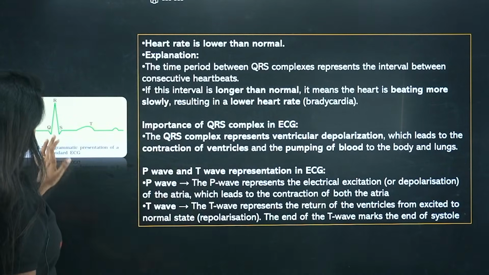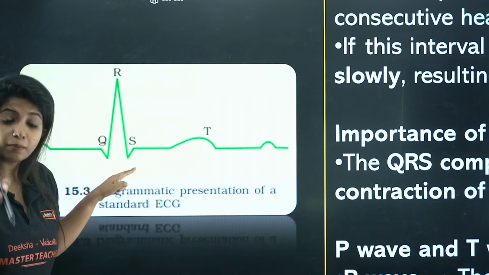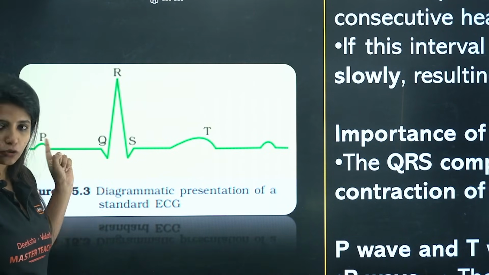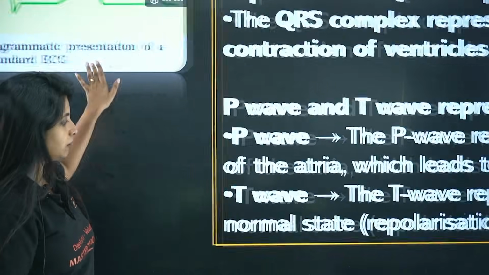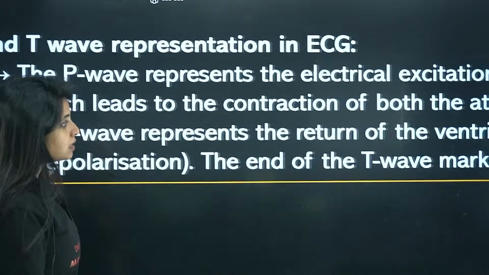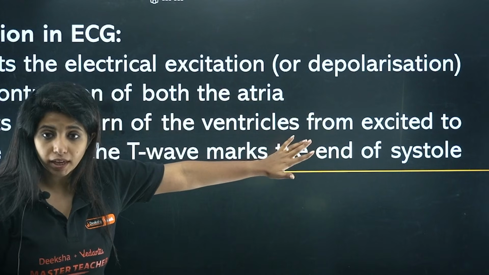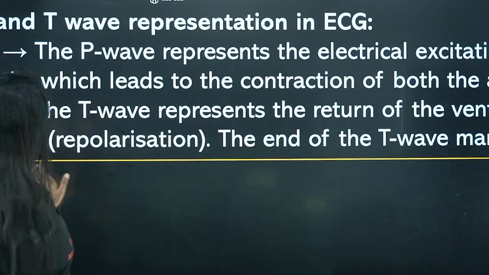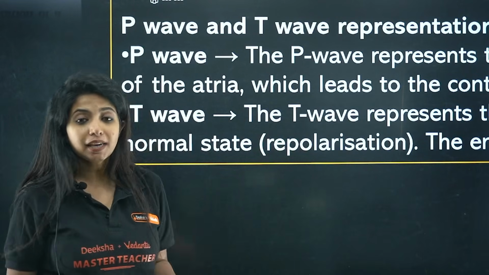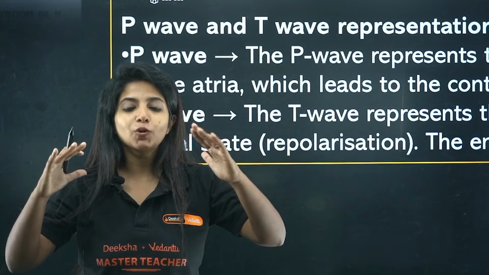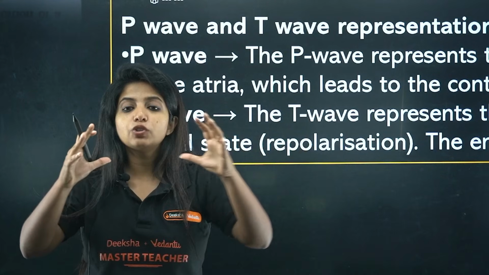Now the ventricles are contracted and that is being represented by this. Please know the steps, as you would be asked to make this diagram also. Then we see there is a T wave. What is the T wave? The T wave represents the return of the ventricle from the excited to the normal state. This is known as repolarization. That means basically they are going to now relax. The ventricles that were contracted are now going to relax.